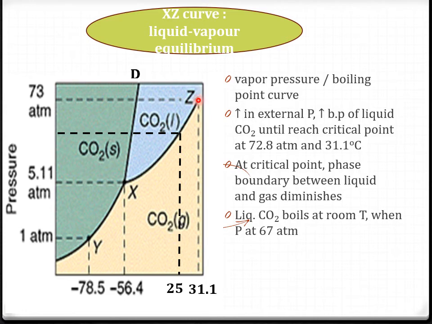At this critical point, the phase boundary between liquid and gas diminishes. Liquid carbon dioxide boils at room temperature when pressure is at 67 atm.